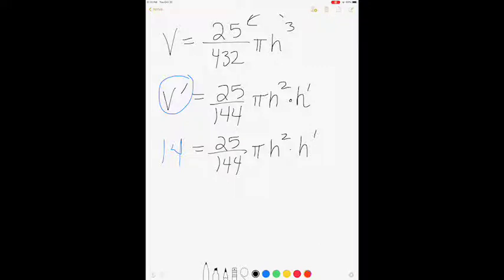All right, now I've still got too many variables. I need to know the height. Well, at what particular time am I supposed to be finding this rate of change? I'm supposed to be finding the rate of change when the water is 10 feet deep. So I also know that H is 10 at this particular time.